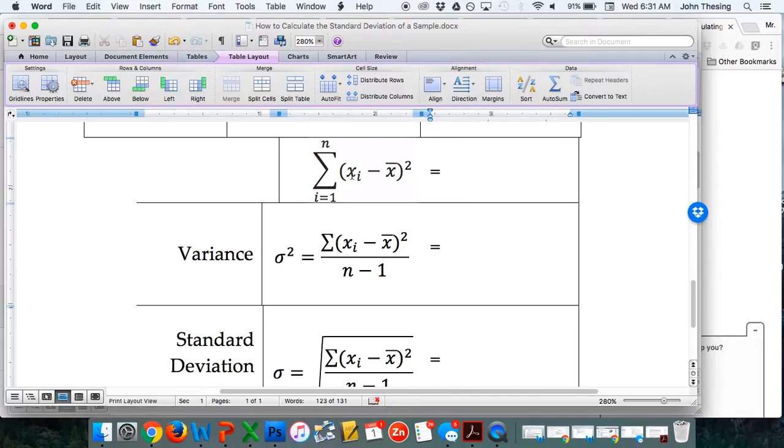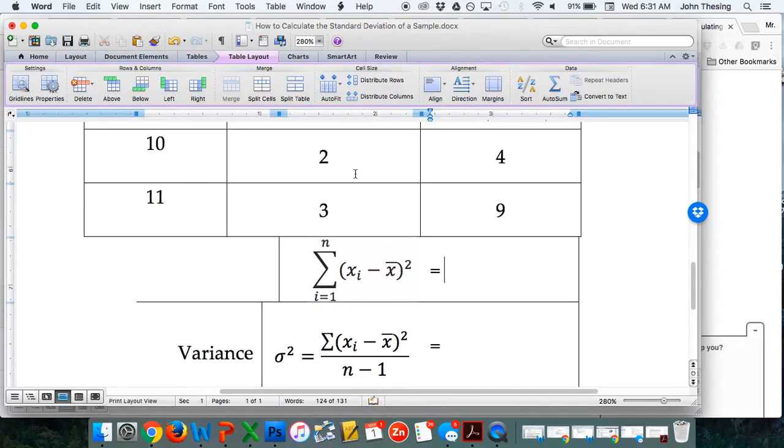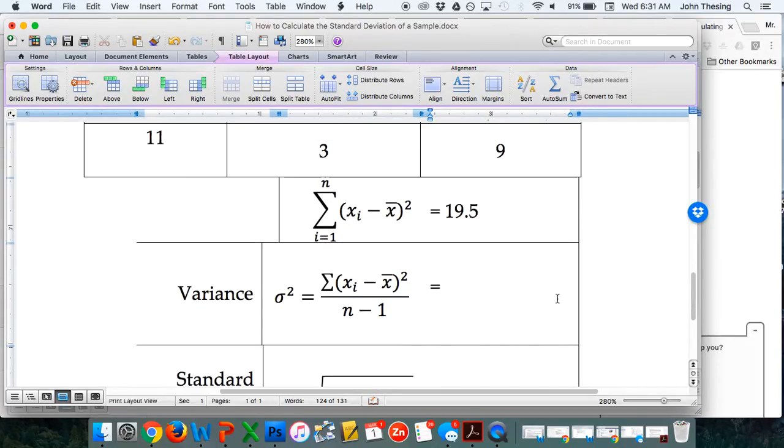It's a big, efficient, lazy way of saying, add up this column right here. So like we said, that's 19 and a half. We have summed up all of the squares of every data point's distance from the mean. So we got 19.5.